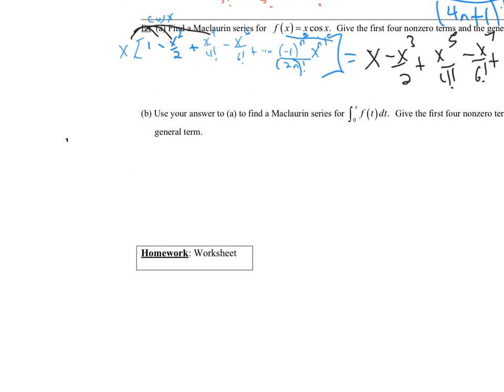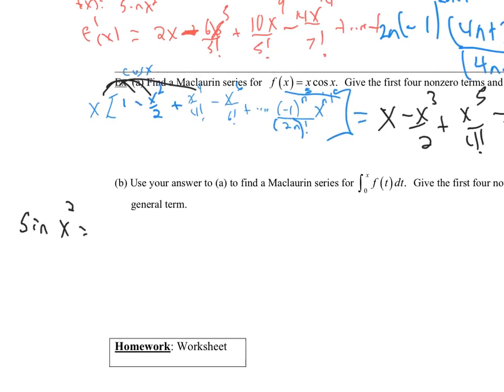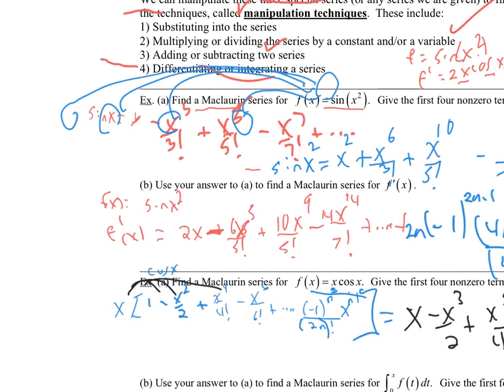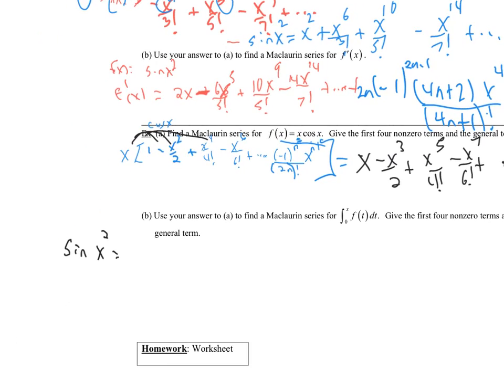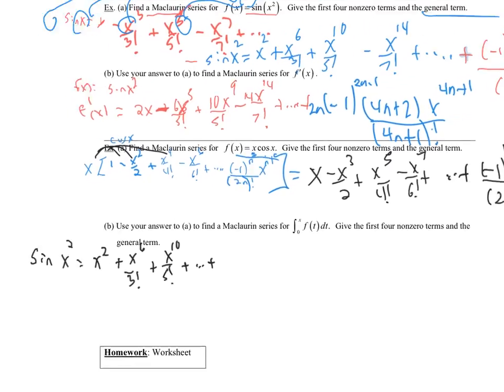A was sine of x squared, which was, I don't remember it, x squared plus x to the 6th over 3 factorial plus x to the 10th over 5 factorial plus dot dot dot plus the general term.